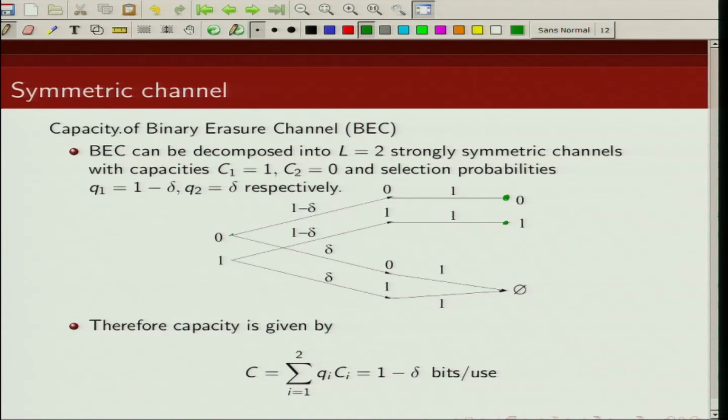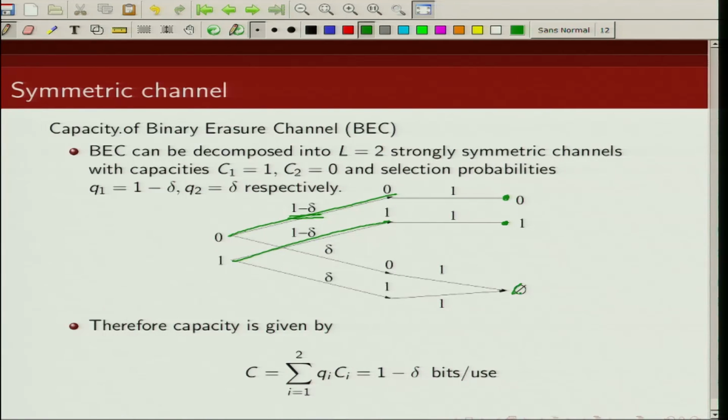Similarly, you reach 1 from 1 with probability 1 minus delta, and from 1 you cannot reach 0 and from 0 you cannot reach 1. So, they have the same focusing and that is given by 1 minus delta. So, the selection probability here in this case is given by 1 minus delta.